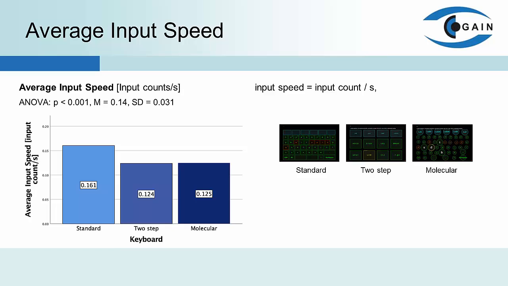Therefore, such calculated values take into account the time reduction associated with using suggestions as well as the increase of time caused by various mistakes.